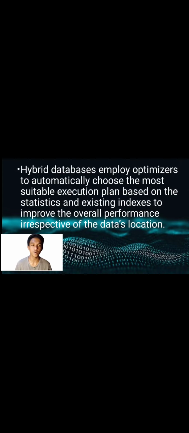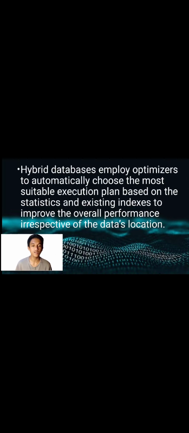Hybrid databases employ optimizers to automatically choose the most suitable execution plan based on the statistics and the existing indexes to improve the overall performance irrespective of the data's location.